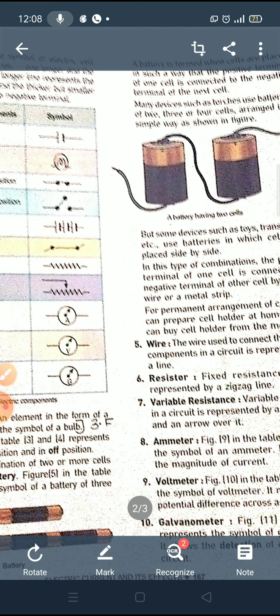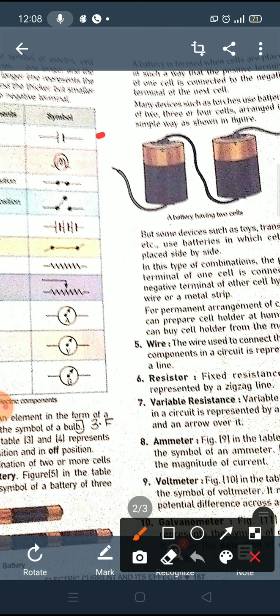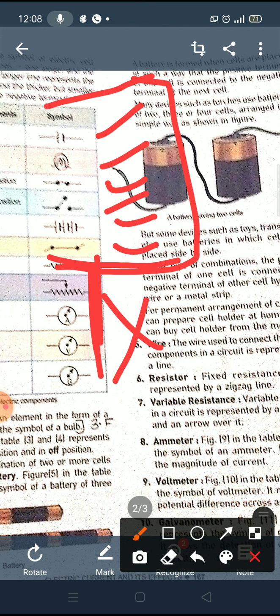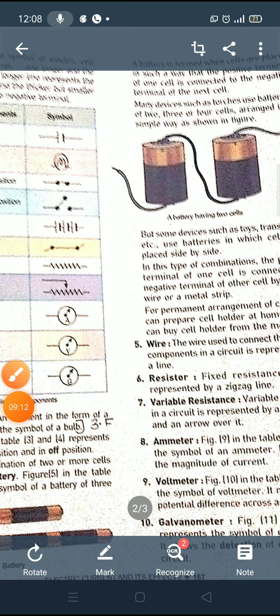In this chapter we will learn about the symbols of the electric cell, the bulb, the switch on and off, the battery and the wire. Only up till here we will learn. These other things are not given in our course. Understood? So I think you have understood up till here.